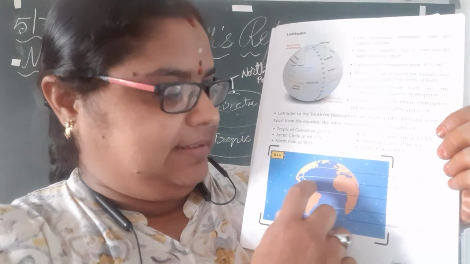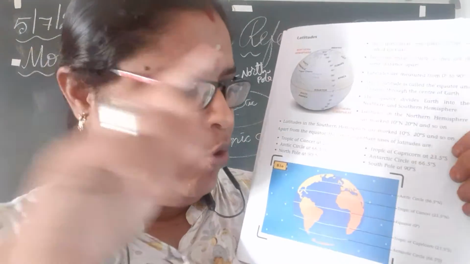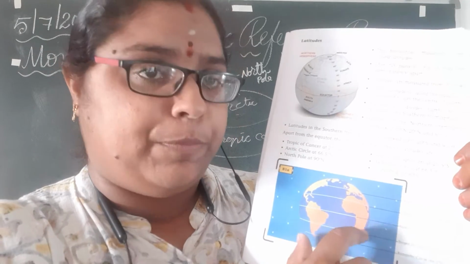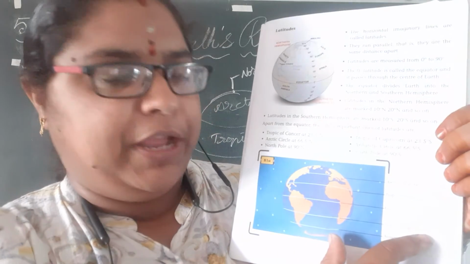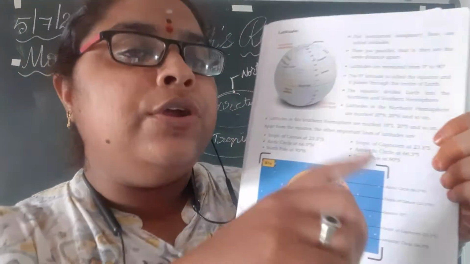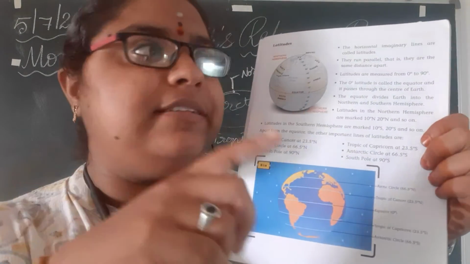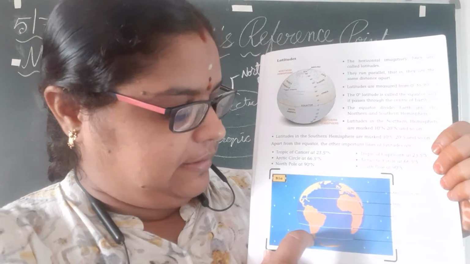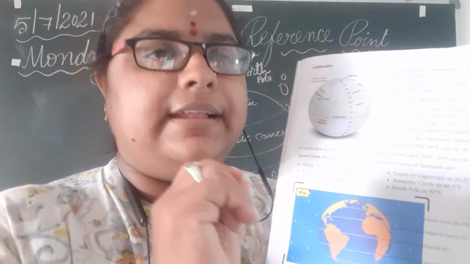Next, Tropic of Cancer, 23.5 degree north. Coming down, Tropic of Capricorn is also 23.5 degree, but we have to write south. Next, this is Antarctic circle, 66.5 degree south.